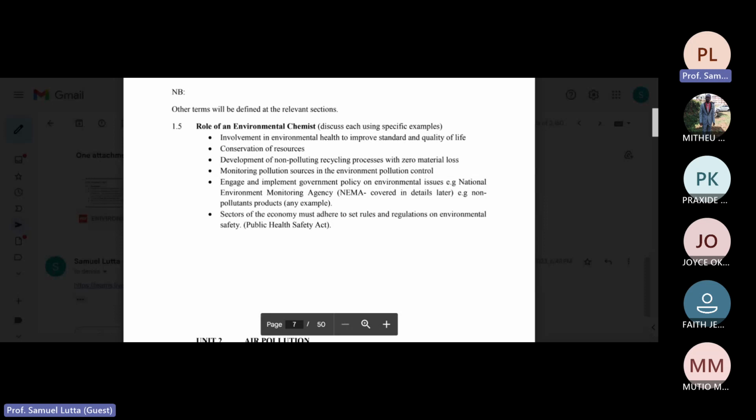We need to conserve, especially the forest. We know what they do. If you interfere with the environment, we know that problems are likely to come in. And then we also talked about how we conserve this environment. We can develop what we call recycling, processes where no material is lost. Because again, if it is lost, disposal becomes a problem.